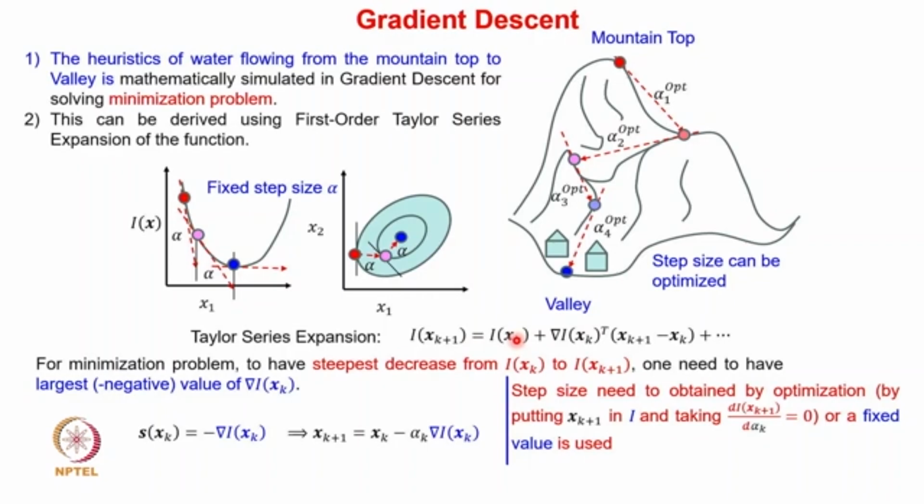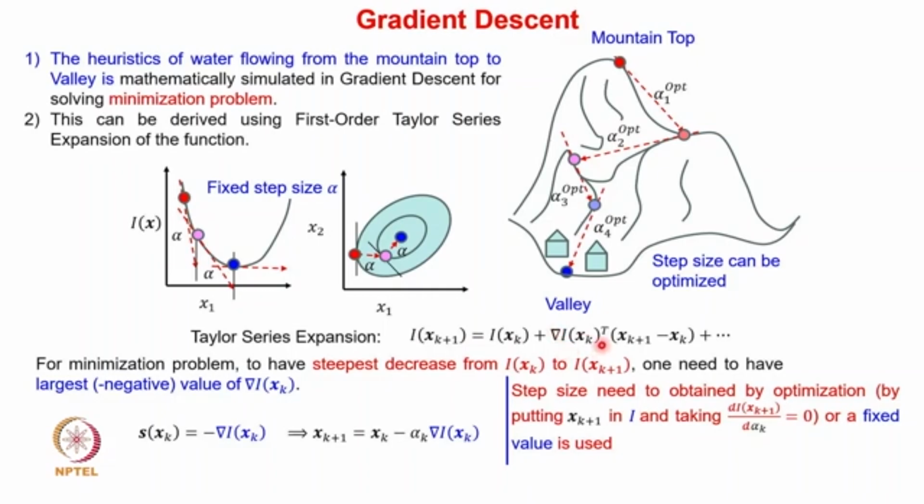Since we are interested in minimizing, clearly I(xk+1) should be lower than I(xk) when we move from the kth iteration to the k+1th iteration. I(xk+1) is lower than I(xk) if and only if the second term becomes negative. And the more negative it becomes, the lower will be I(xk+1). So clearly the lower value of del I(xk) is the most preferred here.